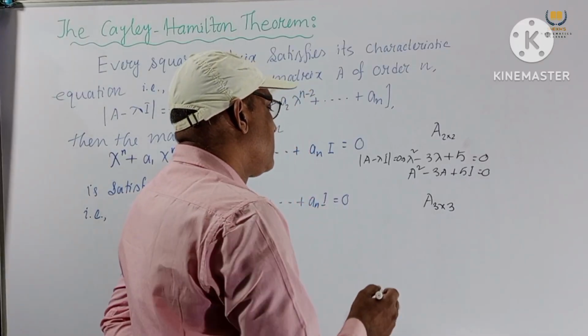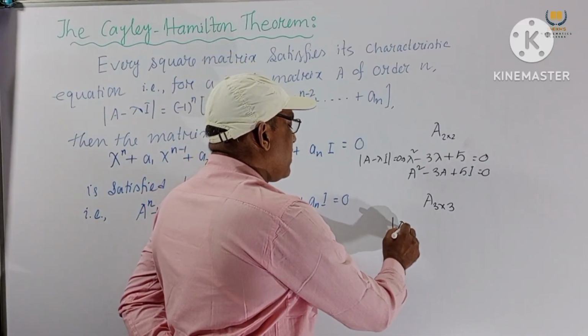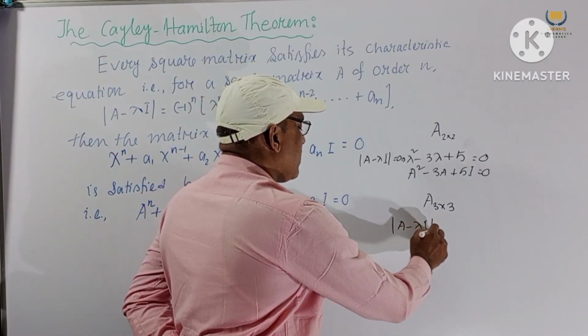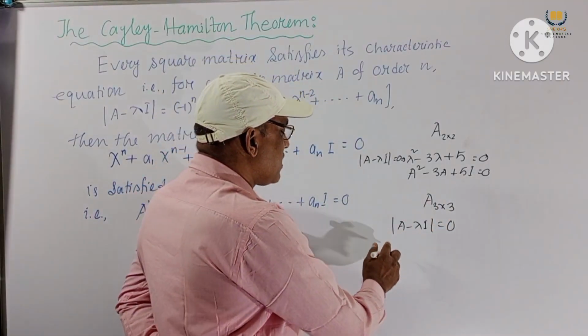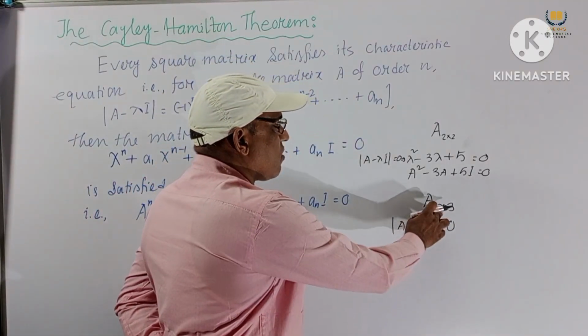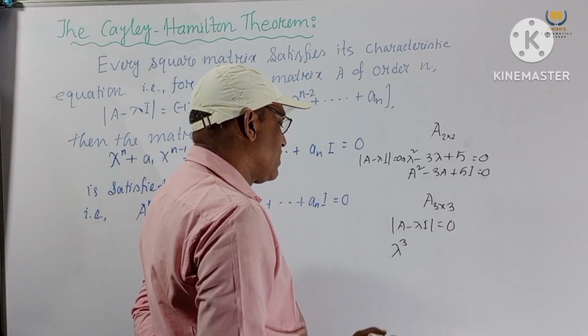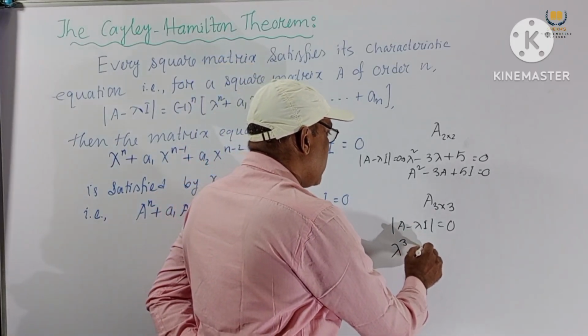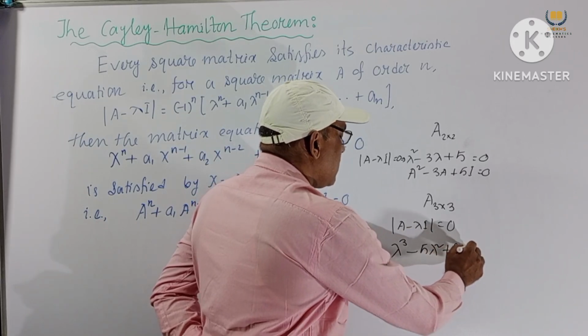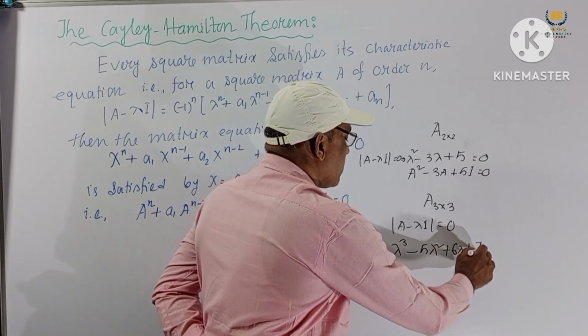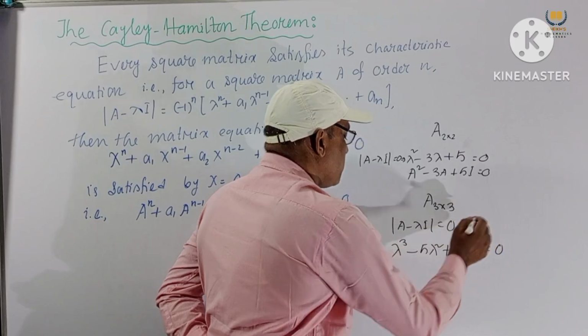Suppose determinant A minus lambda I equal to 0 is the characteristic equation. Solving it, order 3 means we get a cubic equation, suppose lambda cube minus 5 lambda square plus 6 lambda plus 7 equal to 0.